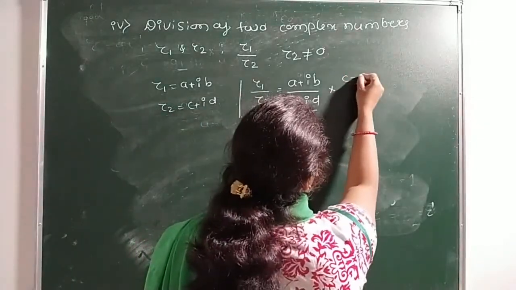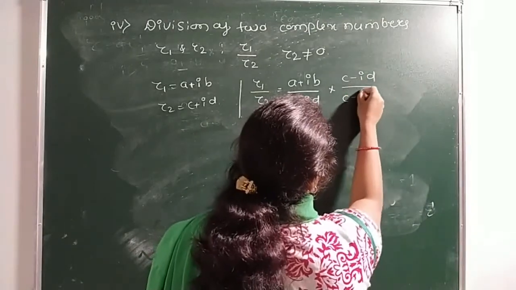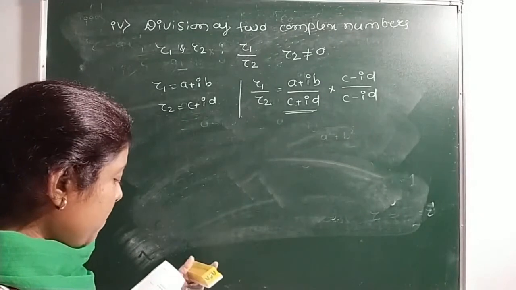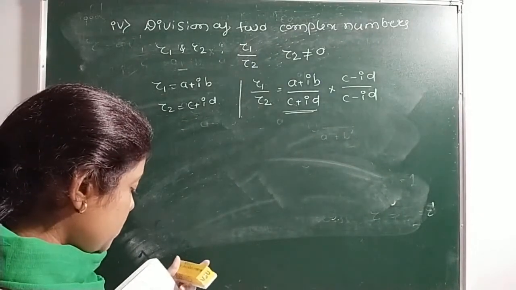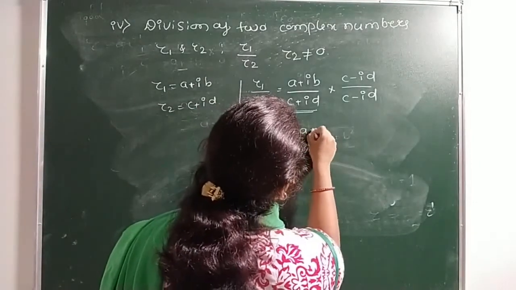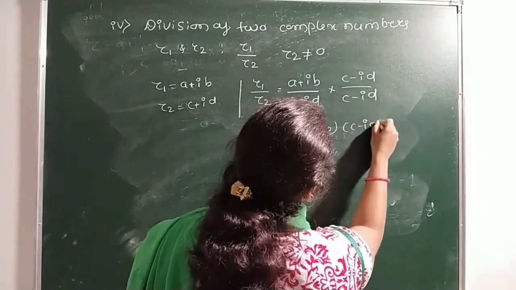Here c plus id has the conjugate c minus id. You multiply and divide both terms by this. Now we simplify a plus ib times c minus id.